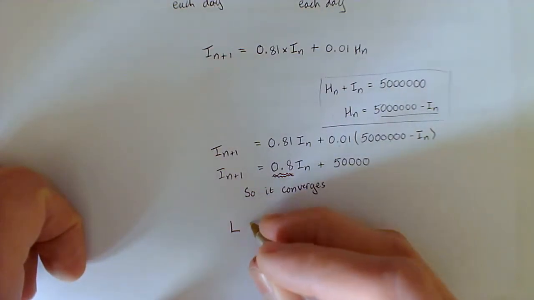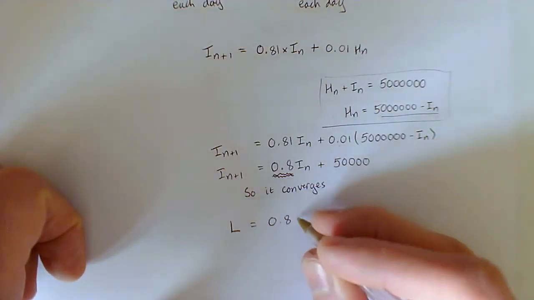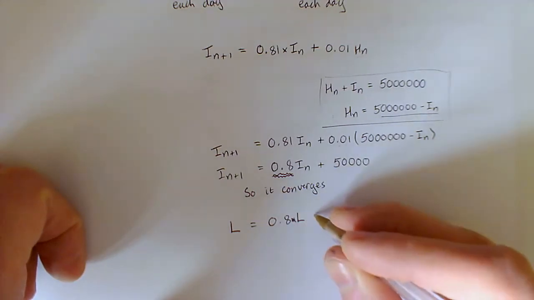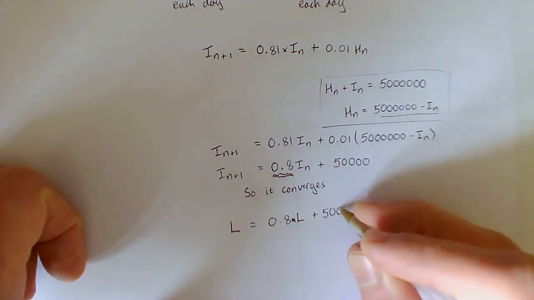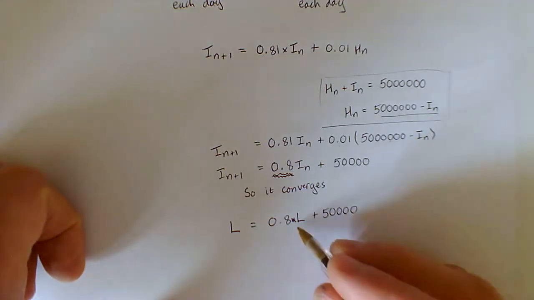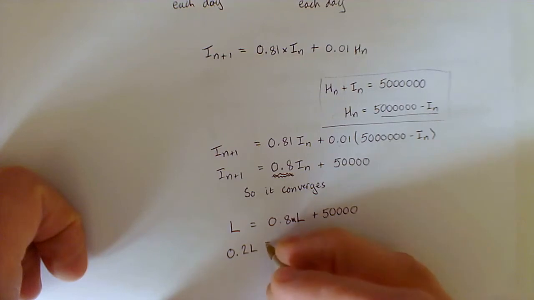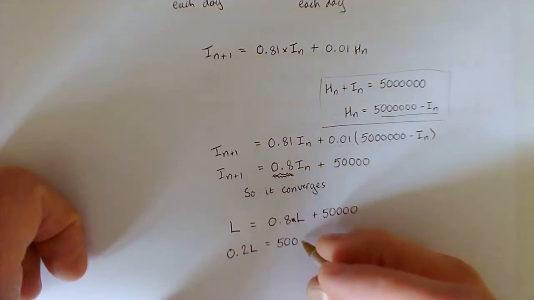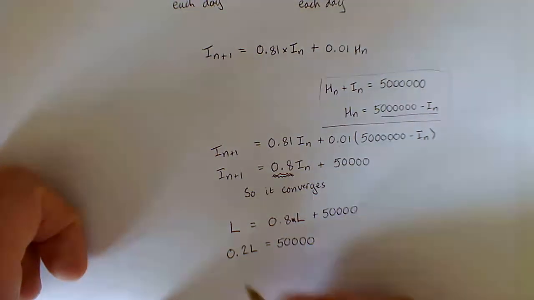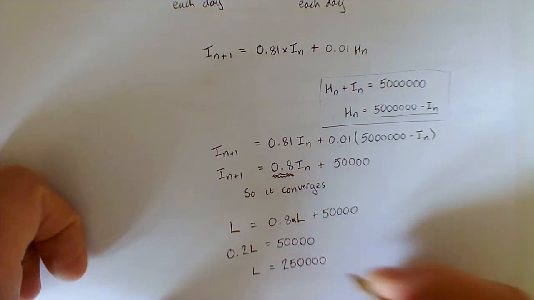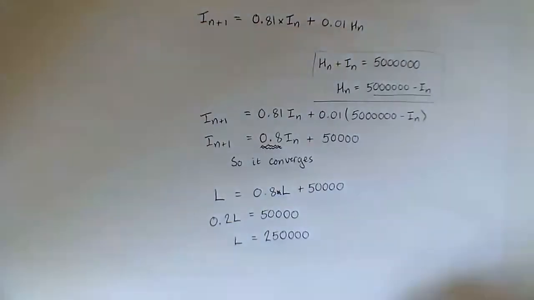So let's put in our limit is equal to 0.8 times our limit, plus 50,000. Let's take 0.8L off each side, so we get 0.2L equals 50,000. Divide both sides by 0.2, and we get L equals 250,000, which is the limit that I promised you in the previous video.